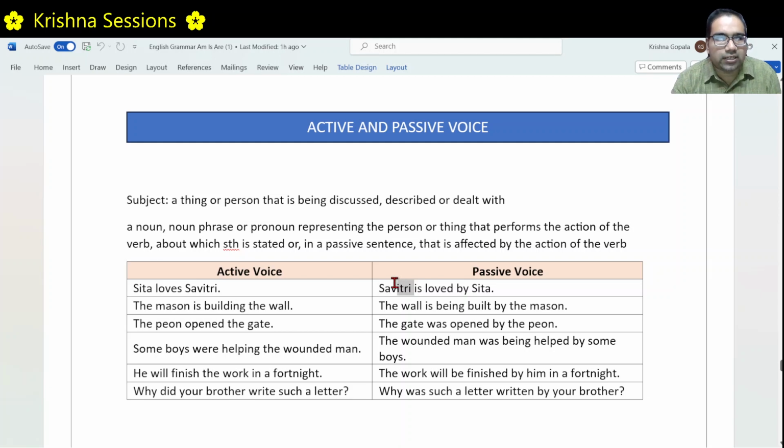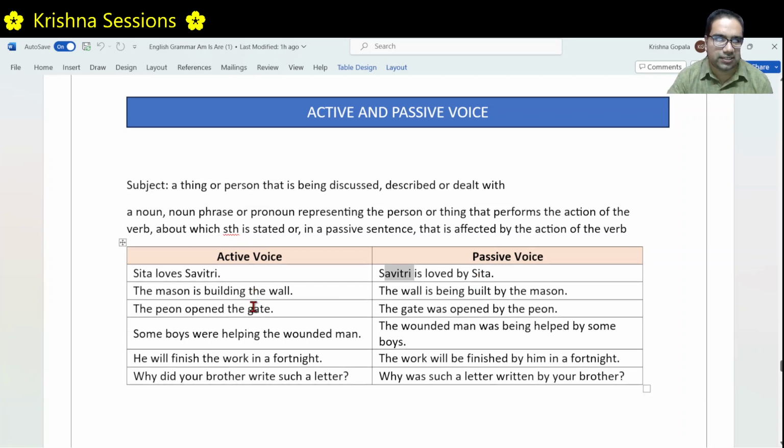The main point of the sentence is about Savitri. In the first sentence, Sita is the subject and Savitri is the object. In the second sentence, Savitri is the subject and Sita is the object.